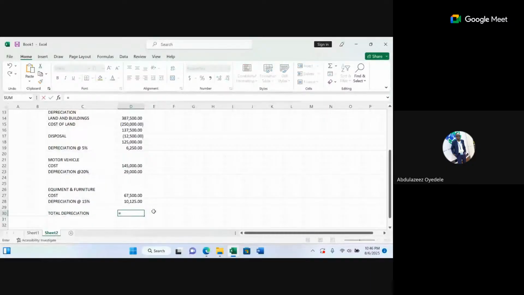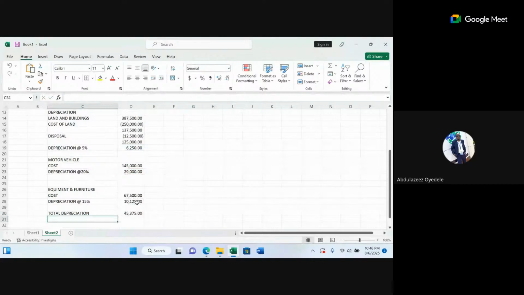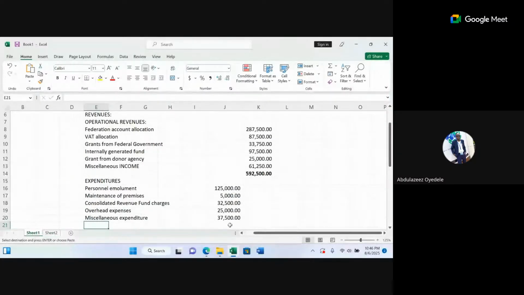So that will be the depreciation on land and building plus the one on motor vehicle, and then plus the one on equipment and furniture. So which will give us 45,375, which we can bring to our solution as one of the operational expenses.